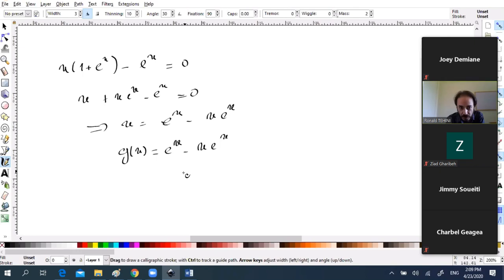Now we have to study the derivative g prime of x and the conditions for the fixed point, which are the contraction and the inclusion. One way to test the contraction is to test that the absolute value of g prime of x is inferior to 1.